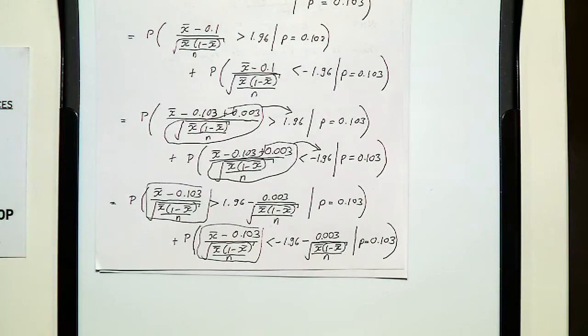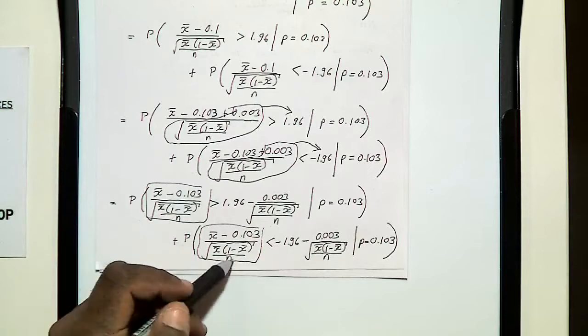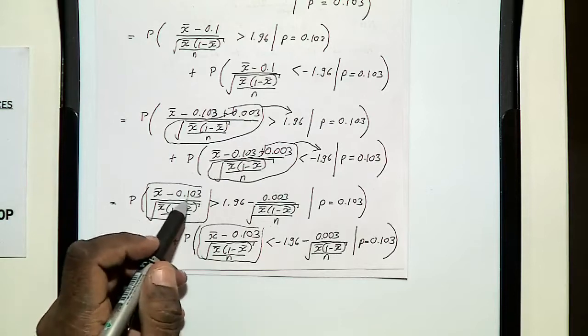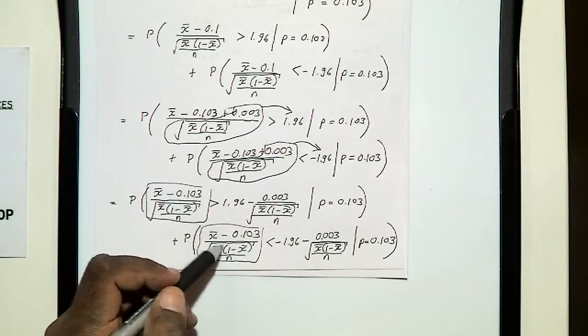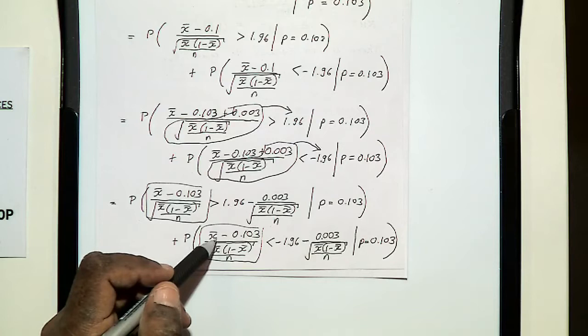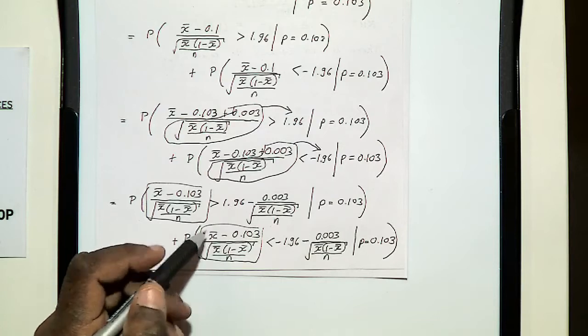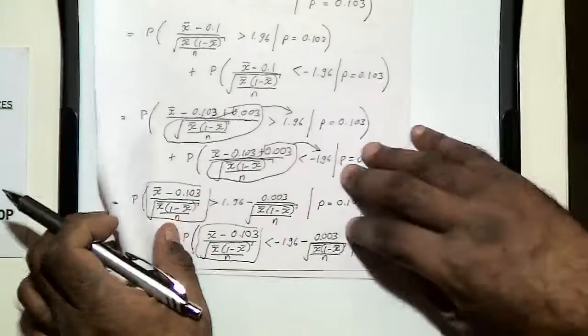If you look at the review notes or the typed notes on the binomial distribution, which we did a long time ago, you will see this result: anything looking like this, where this is the true proportion, that is 0.103, can be approximated by a standard normal. So that's what I'm going to do in the next page.